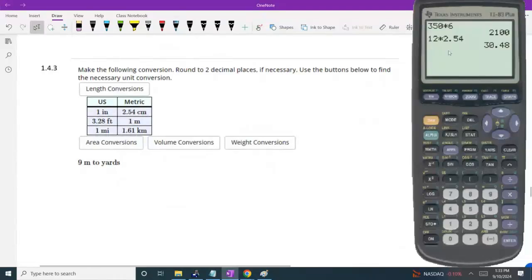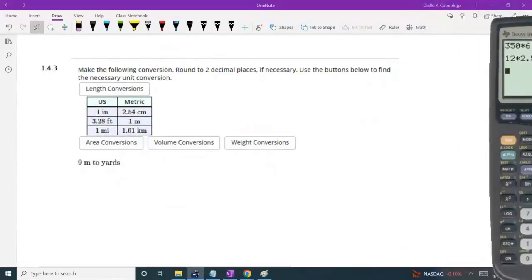All right, the next one, number 3. It says make the following conversions. We're asked to convert 9 meters to yards. I picked the problems in this last section that make you use 2 unit fractions, so I'm kind of picking out the most difficult ones.